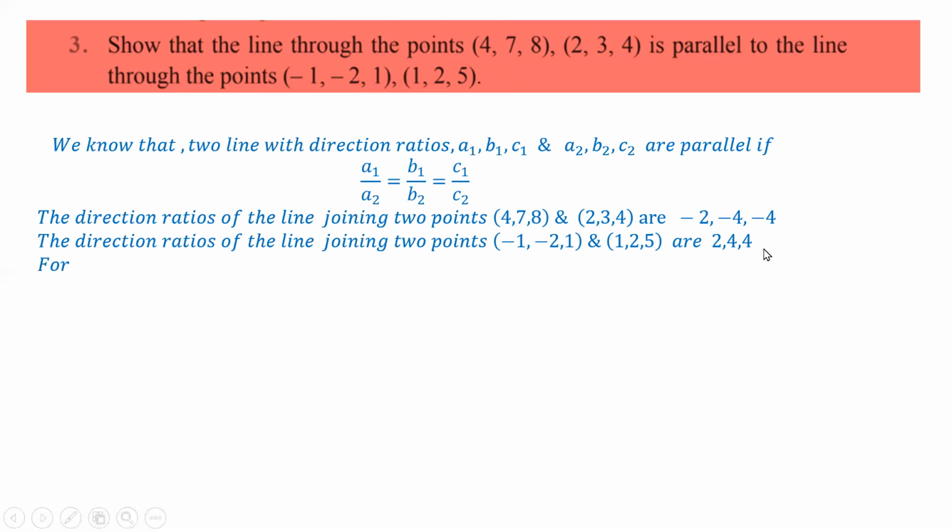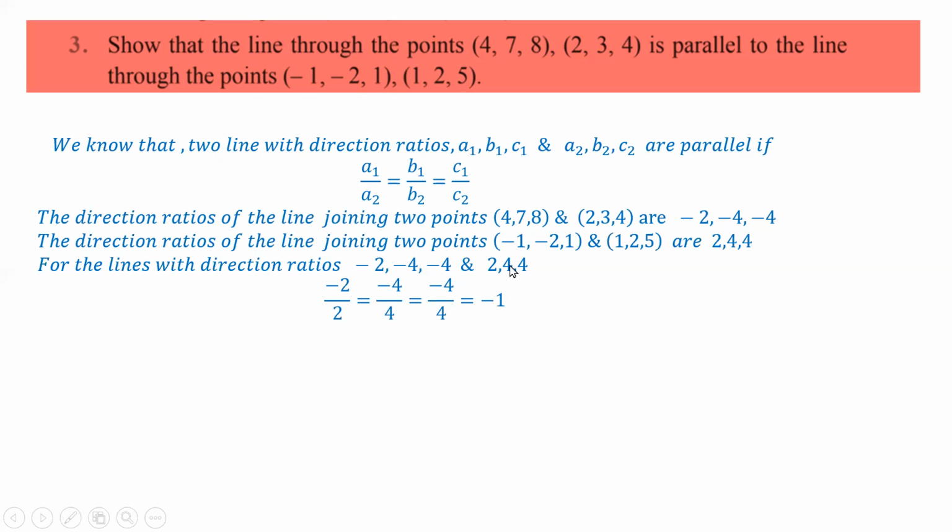Now you have the direction ratios of these two lines, so let us check whether these ratios are equal or not. That is a1 by a2, which means minus 2 by 2, that is minus 1; minus 4 by 4, which is again minus 1; and minus 4 by 4, again minus 1.